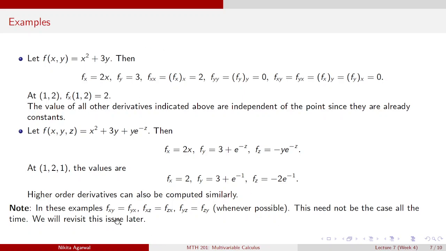Now in these cases all these mixed partials are equal, and this need not be the case all the time, and we will revisit this issue of mixed partials later. But all the nice functions, polynomials, exponentials, maybe trigonometric, are very nice functions and they have such properties.